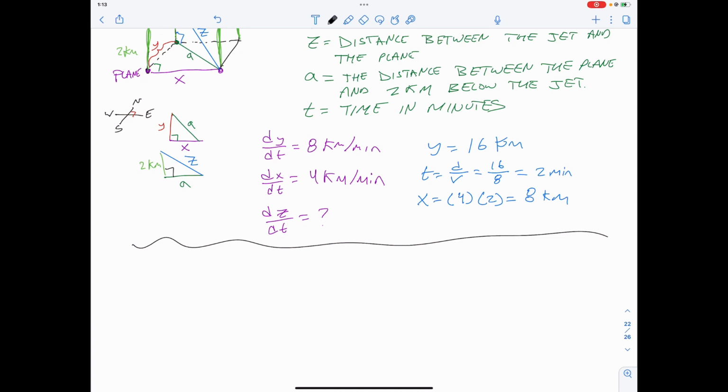So if we know that the hypotenuse of one of the triangles, A squared, is going to equal x squared plus y squared, and we know that for the second triangle, A is one of the side lengths, 2 is one of the side lengths, and the hypotenuse is z, then a squared plus 2 squared is equal to z squared.